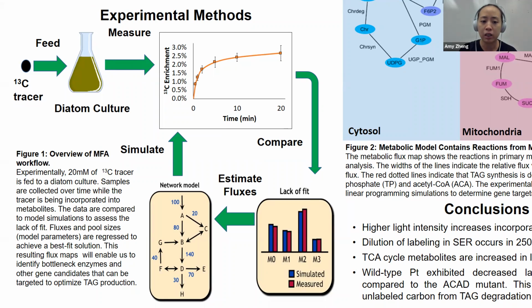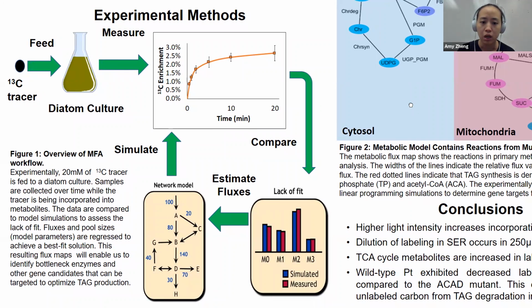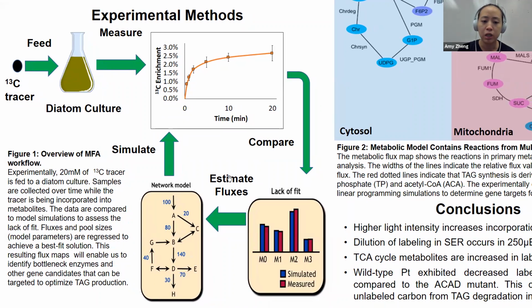And by combining the network model with the experimental data, we can get a picture of what is happening with all of the reactions that we're interested in that are included in central carbon metabolism and how that relates to the greater organism. So this is done through an iterative process. When our simulated results from our network model match our experimental data, that's when we can get our flux map.